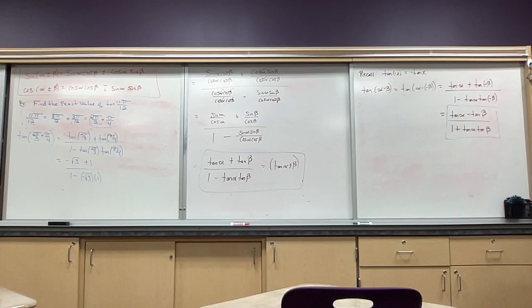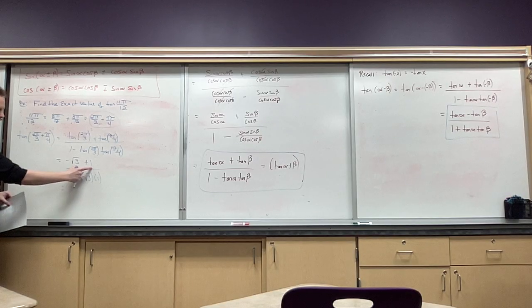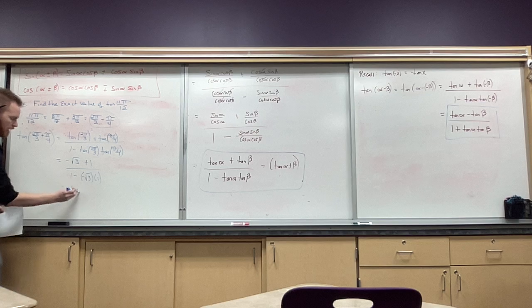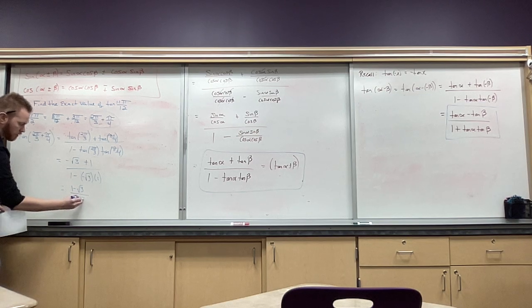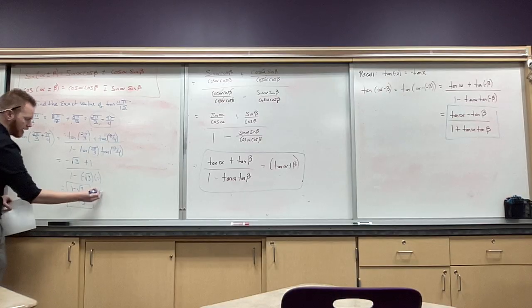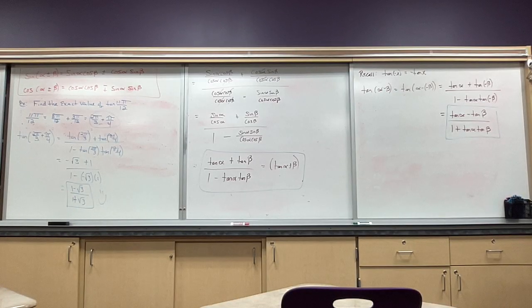So just knowing unit circle values, that makes this even easier. And typically we don't write stuff like this. We'll just flip it around to do 1 minus square root of 3. And the bottom becomes 1 plus square root of 3. And there we go. We just found the exact value for tangent of pi over 12.